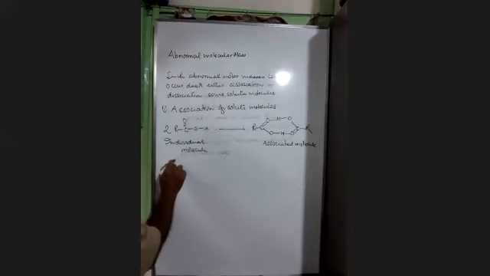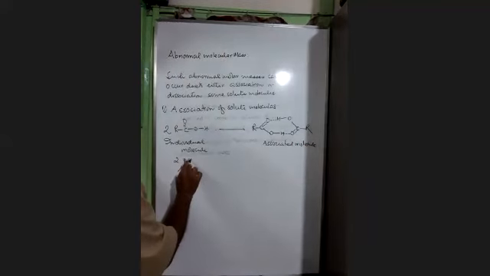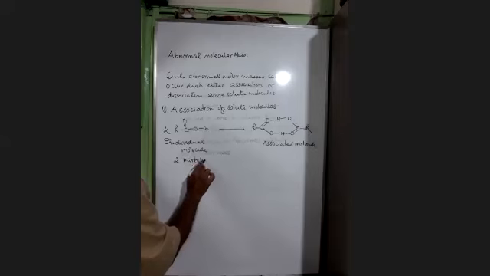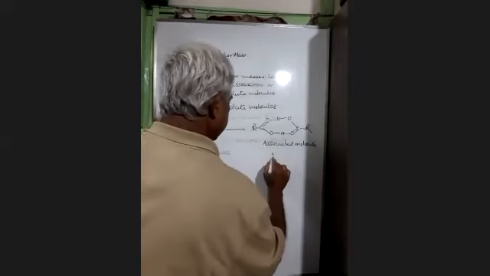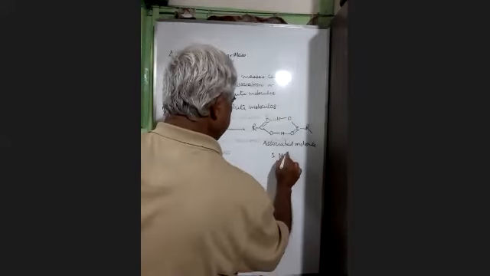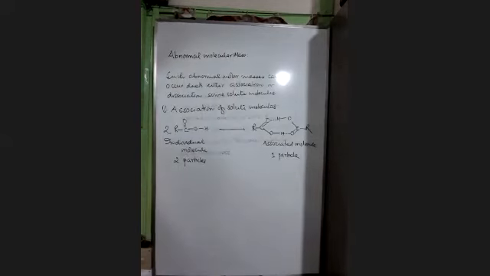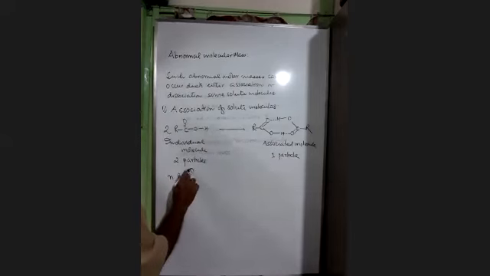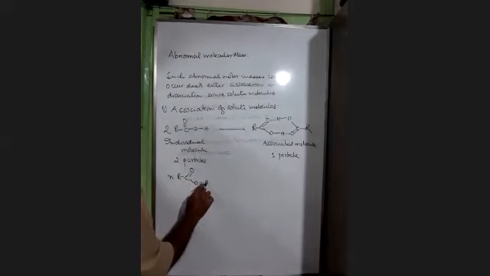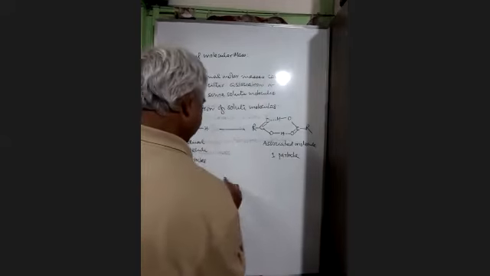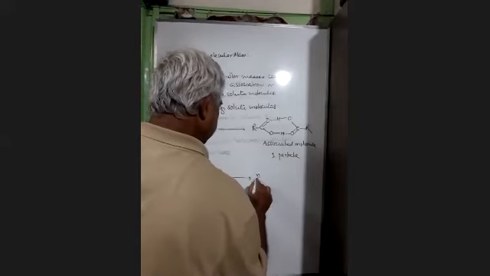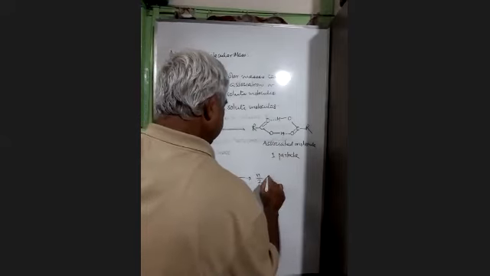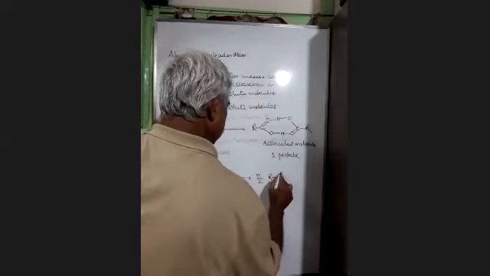Here you have two particles, here you have one particle. So in a solution, if you have added n number of carboxylic acid molecules, what is going to happen? It is going to give you n by 2.